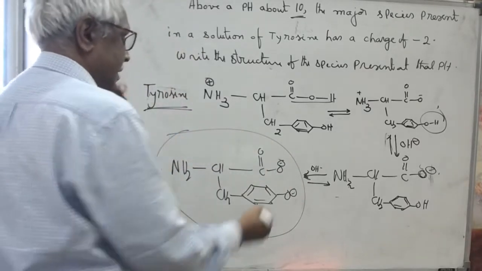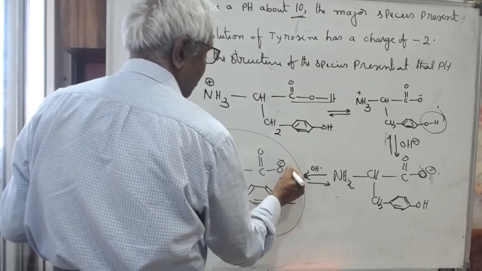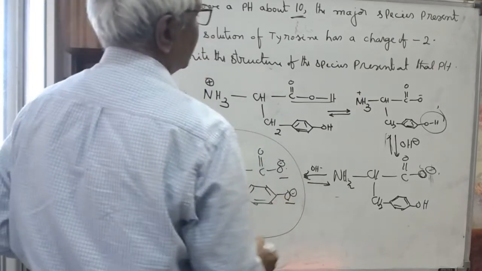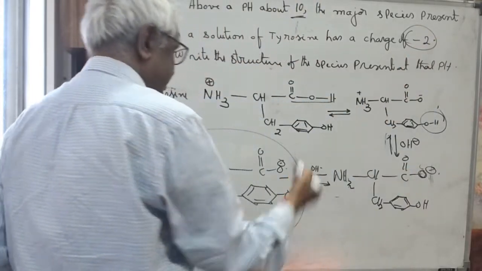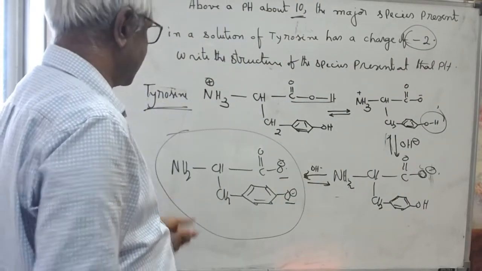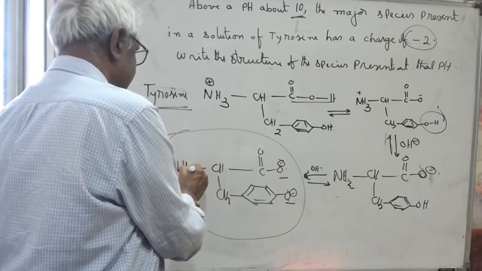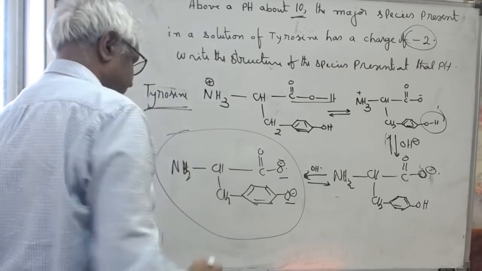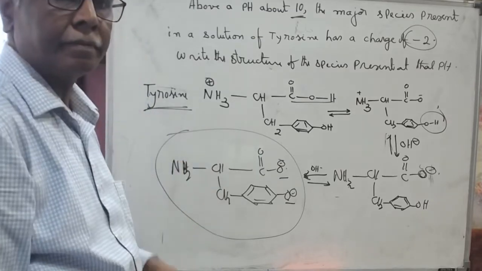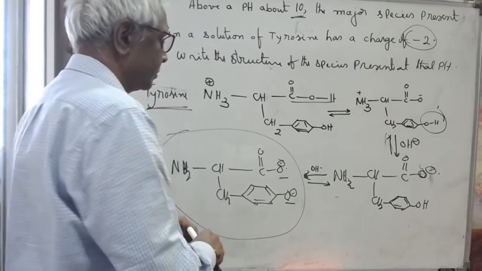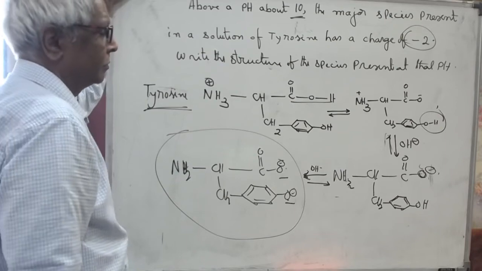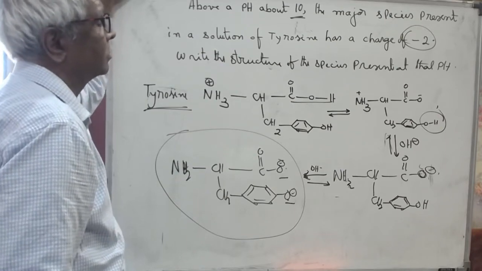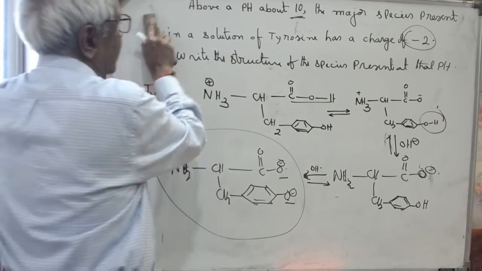It exists as negative 1 and negative 1, so it has a charge of -2. What is the structure of that? It is this. Now down. Any doubts, you can ask later.